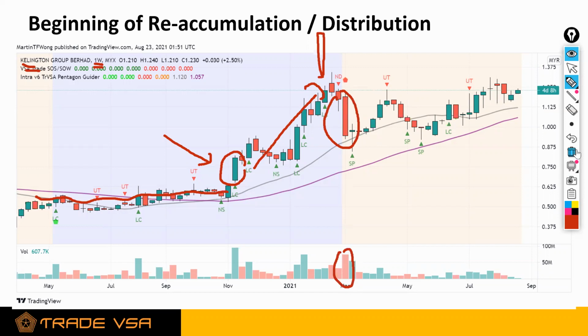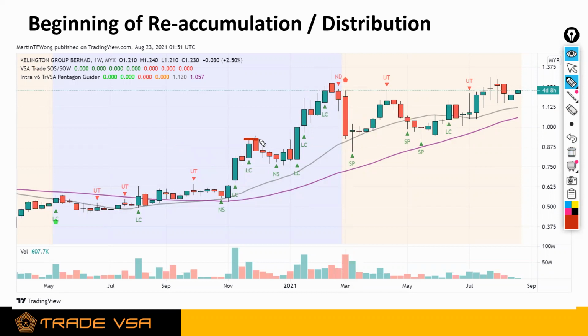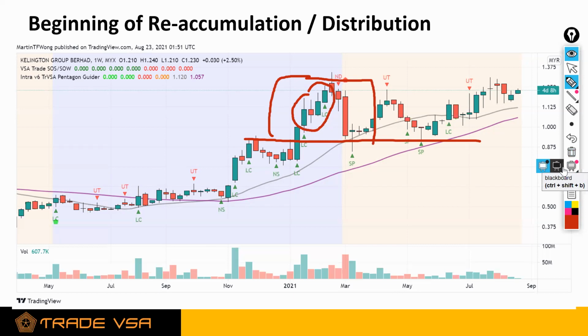This is widespread. If you just look at this area, these few bars, this widespread down bar is definitely larger than all these bars. I mean the spread of the candle is definitely longer compared to all these up bars. This tells you that the weakness is taking control at this time.